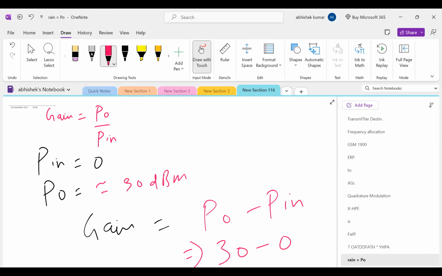Page number 15. What are you telling? The digital, the blue part. Okay, the blue part is nothing but the circuit.